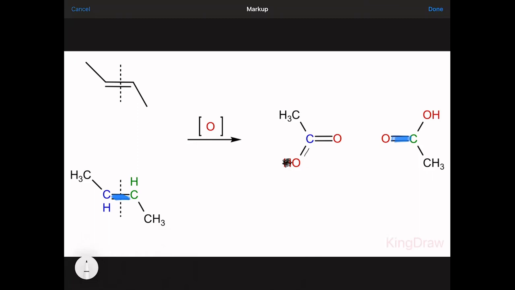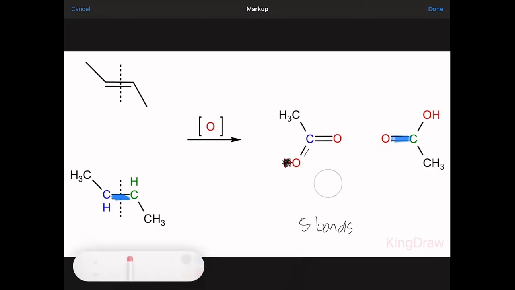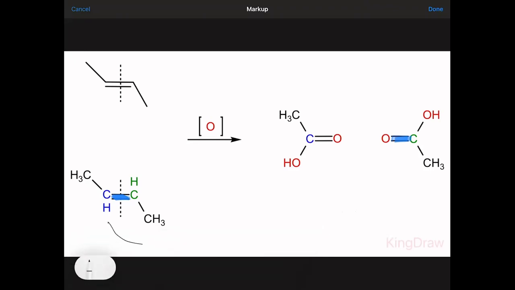No, sir. Not possible. Why? Because it has 5 bonds. So can you see that in order to keep 4 bonds, I can't add another double bond O. I can only add an OH. It's my only option. So the only option is to replace the hydrogen, this one over here, with an O.